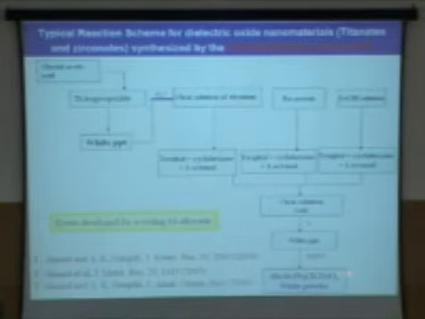You can make all the dielectric oxides which are well known in the literature, like barium titanate, strontium titanate, lead titanate, PZT, PLZT, all using this. You have to modify the initial reagent a little if you want to make a strontium or a zirconium compound. So this is a general procedure which we established over some time.